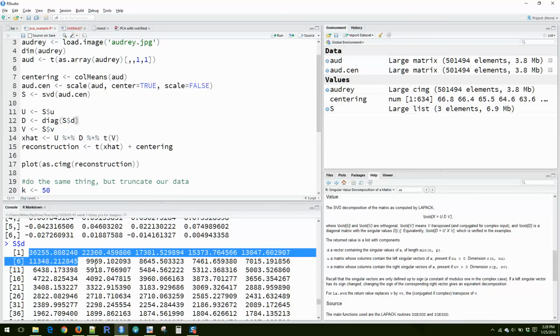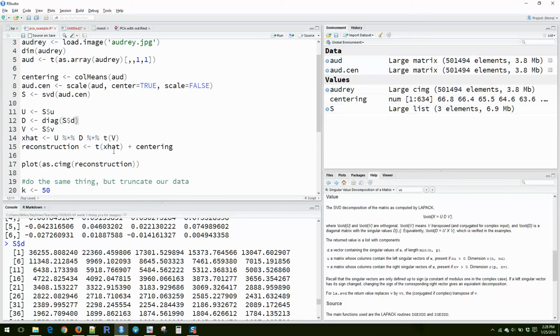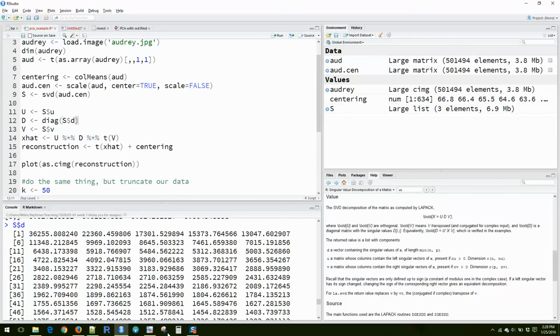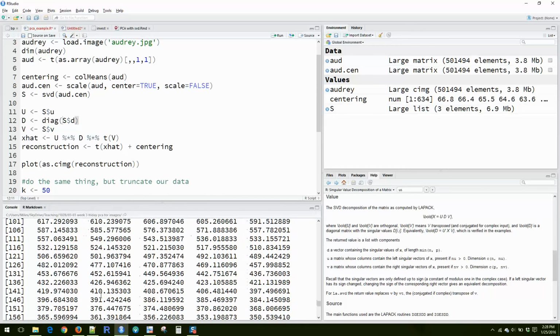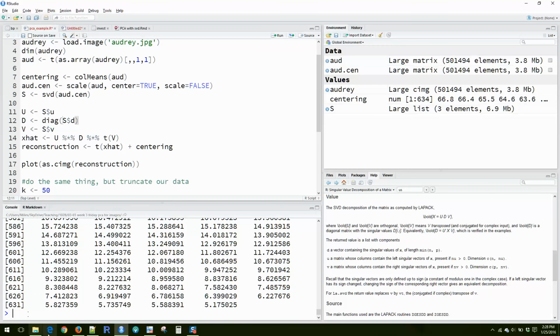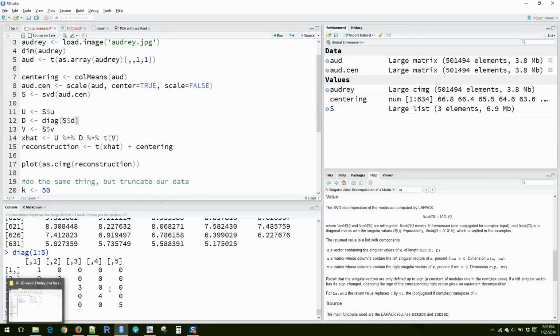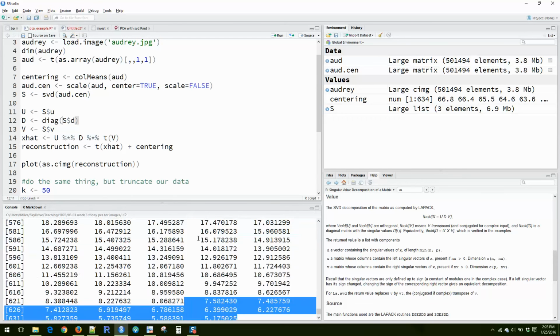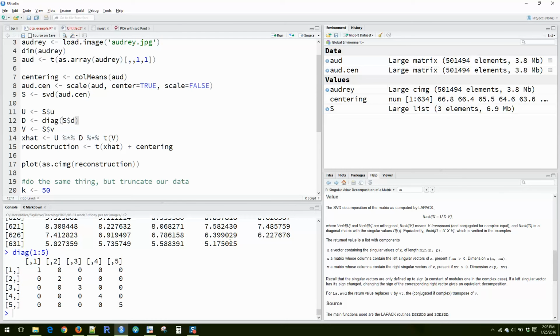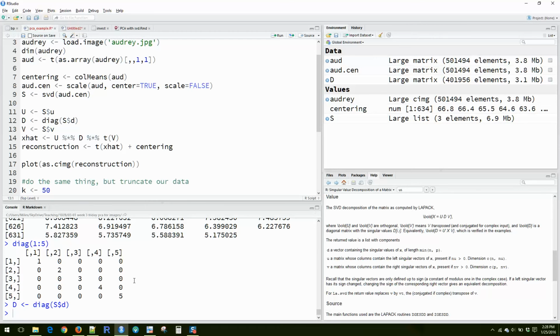It gives you a vector of this, but we can turn this into a diagonal matrix, because the diagonal matrix is basically just the vector down the diagonal. That's all it's going to do, right? So, for example, if I just say diag of 1 through 5, it's going to create a diagonal matrix 1, 2, 3, 4, 5 down the diagonal, okay? And so I'm just saying create a diagonal matrix with these 634 values in S $D, and that's going to be stored as D.